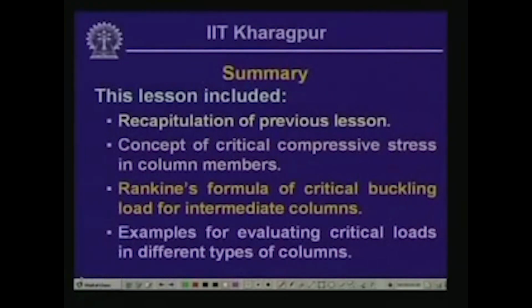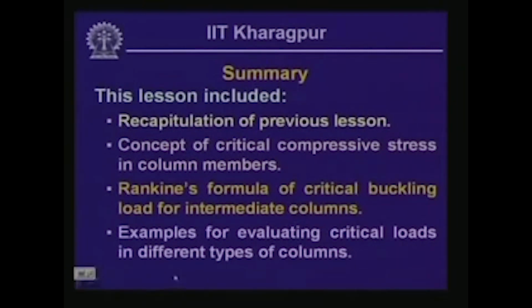Also, we have looked into the concept of critical compressive stress in column members. We have discussed Rankine's formula of critical buckling load, which is applicable for intermediate columns, and we have looked into some examples for evaluating critical loads in different types of columns.